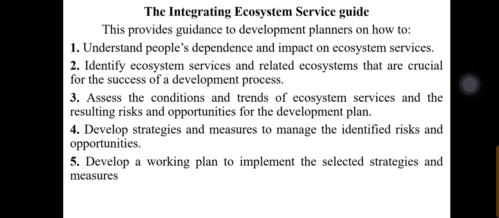Then the third is to assess the condition and trends of ecosystem services and the resulting risk and opportunity for the development plan. Then develop strategy measures to manage the identified risk and opportunity. And finally is to develop a working plan to implement the selected strategies and measures.